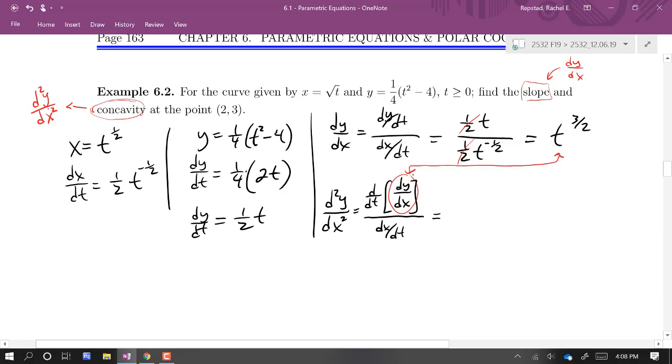We're going to differentiate that with respect to t and put that up top. So it's a power rule. We get 3/2 t to the 1/2, and then we're dividing that by 1/2 t to the negative 1/2. There's our dx/dt.